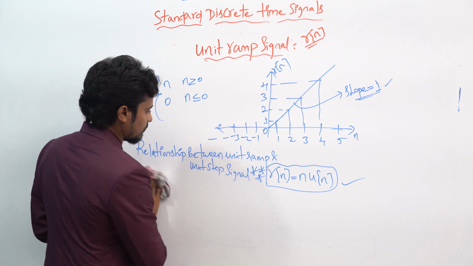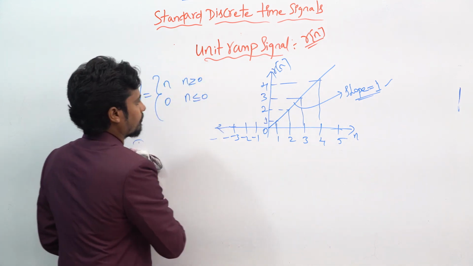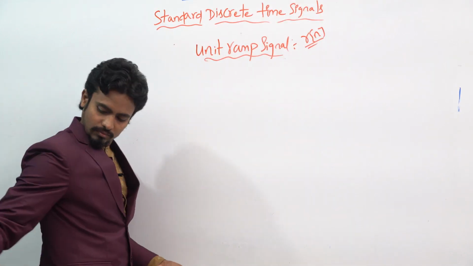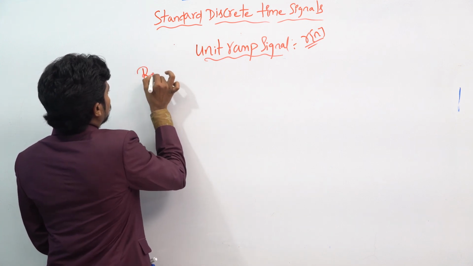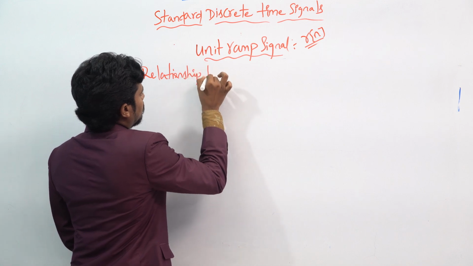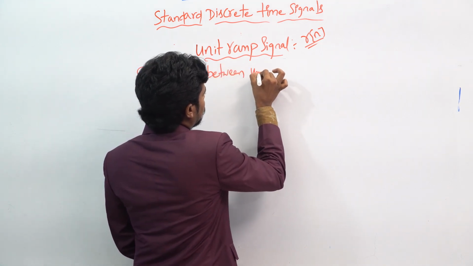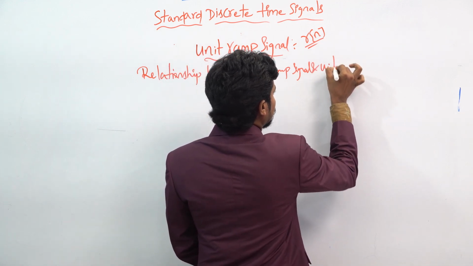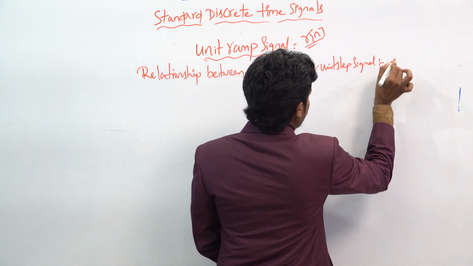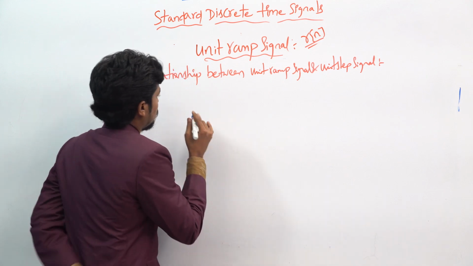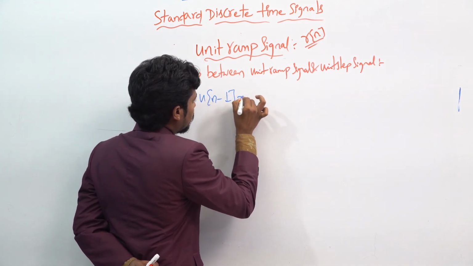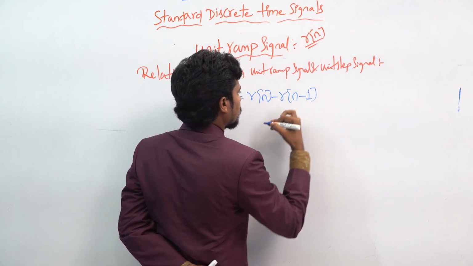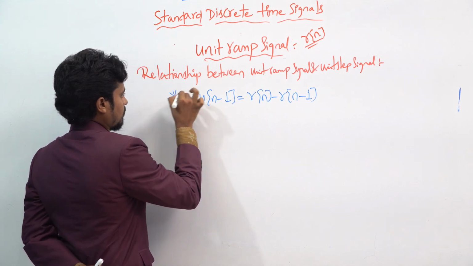Here, the relationship between the unit ramp signal and unit step signal is: u of n minus 1 is equal to r of n minus r of n minus 1. This is also an important relationship.